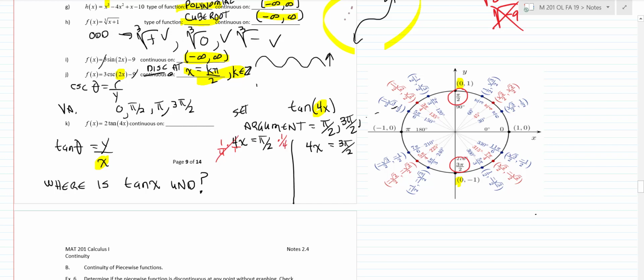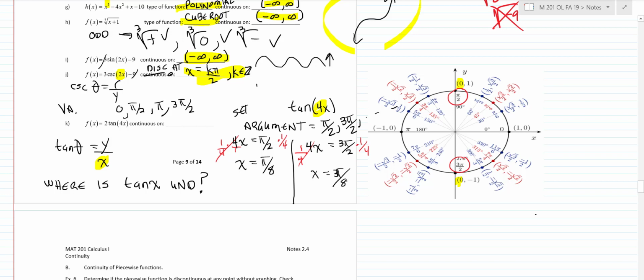That cancels that out and gives x equals pi over 8. Same thing here, I multiply by 1/4, which crosses that out, and that's x equals 3 pi over 8.